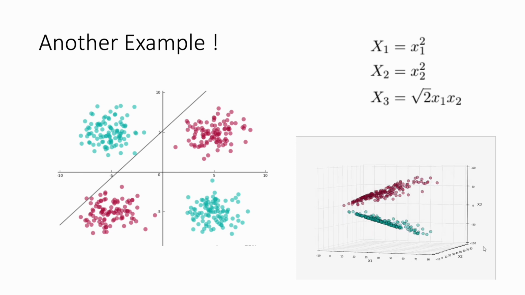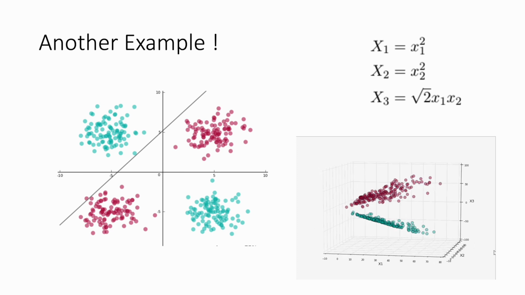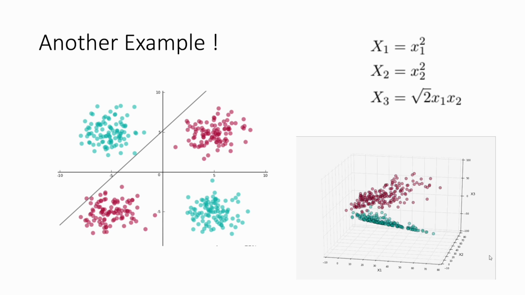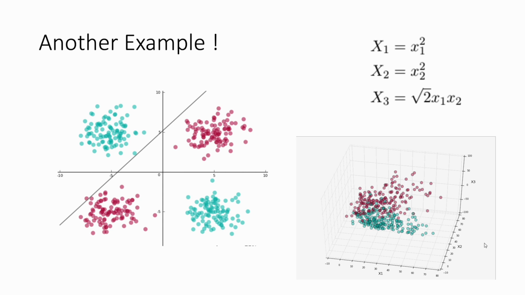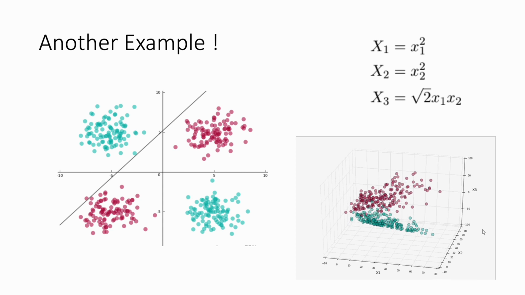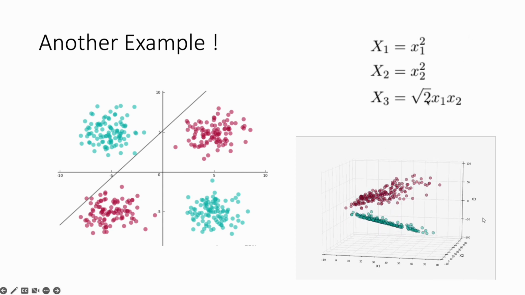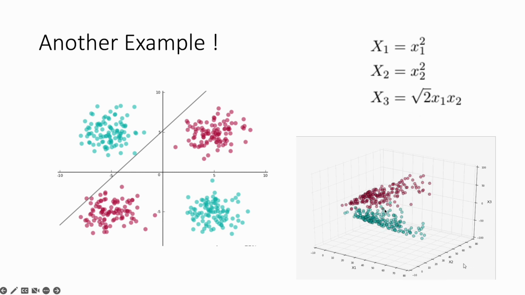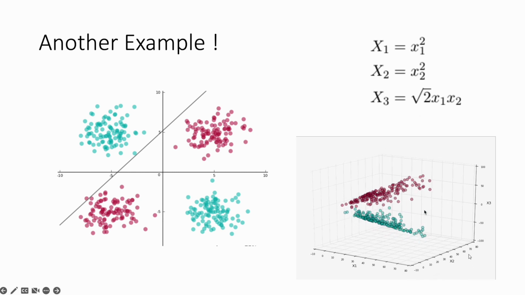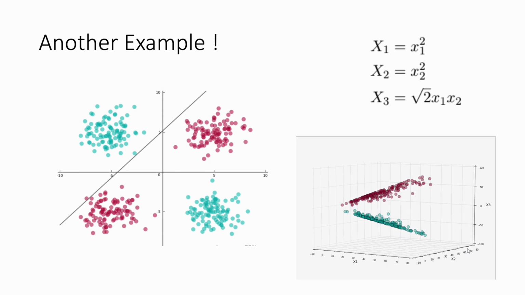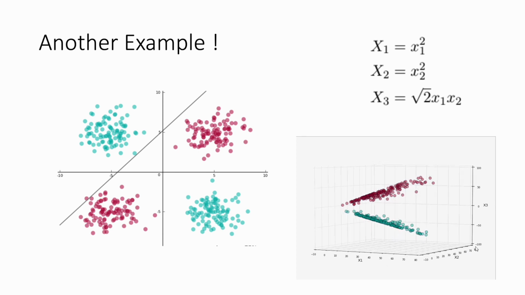So friends, always remember the plane or the hyperplane which will separate the data in a higher dimension: if the dimension of that higher space is n, over here let's say 3, the plane or hyperplane which will separate it will be n minus 1 dimension.